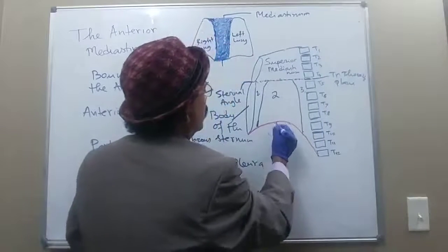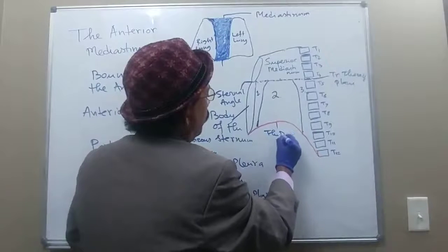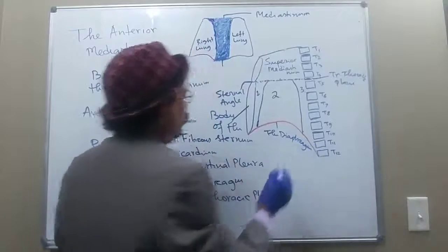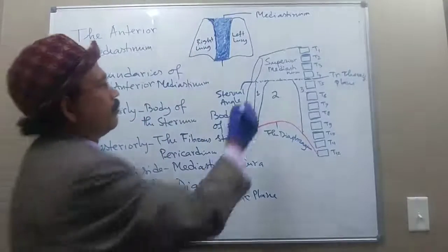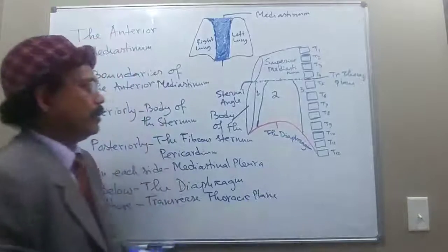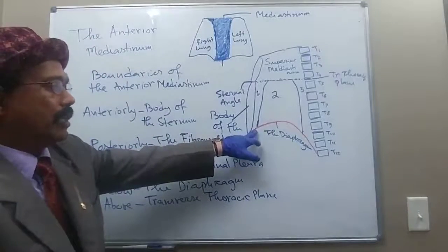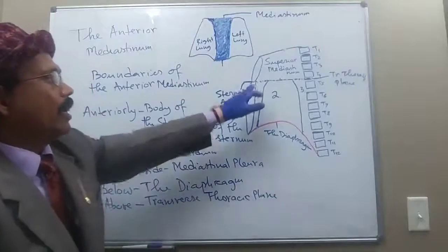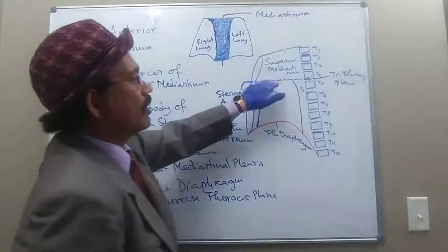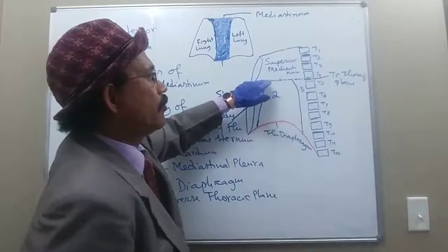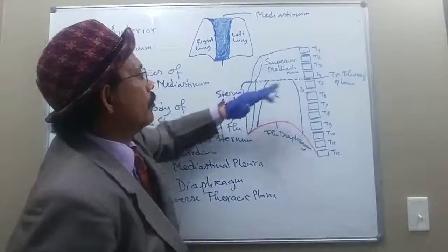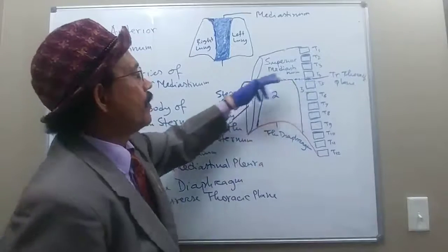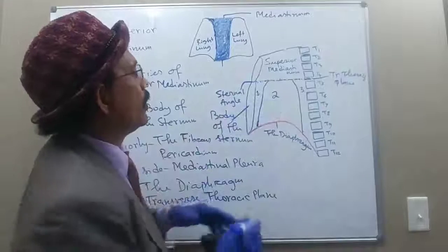Above, the transverse thoracic plane, an imaginary plane, not a structure, that goes from the sternal angle anteriorly to the intervertebral disc between T4 and T5.